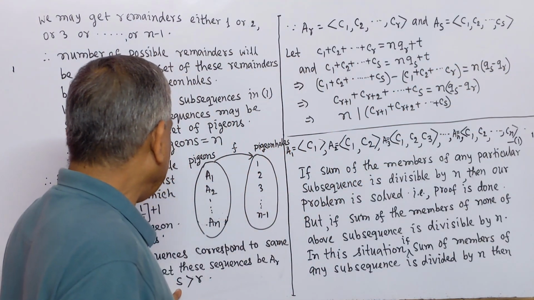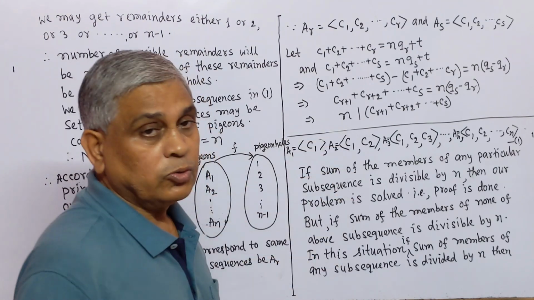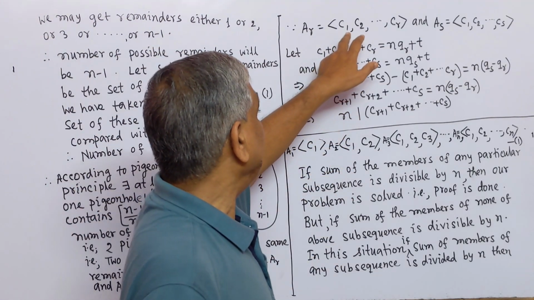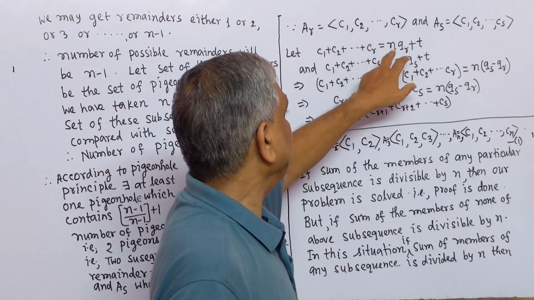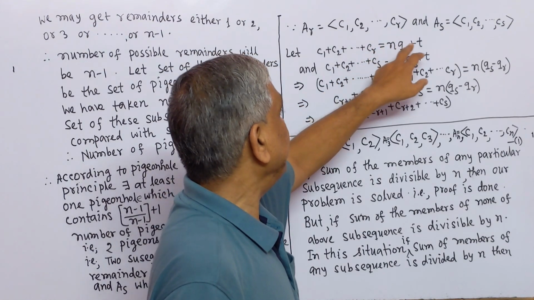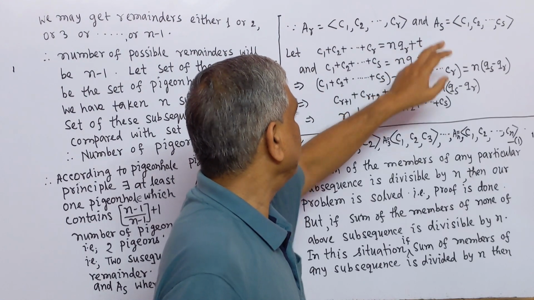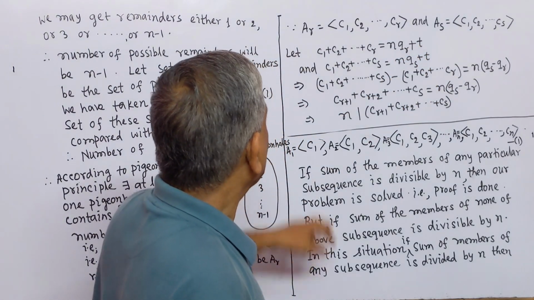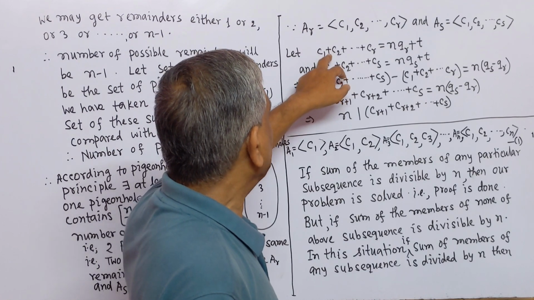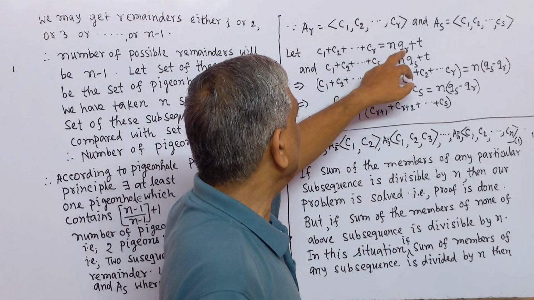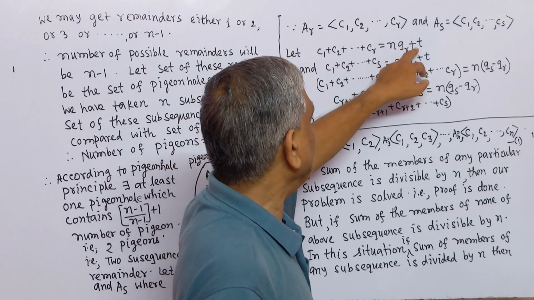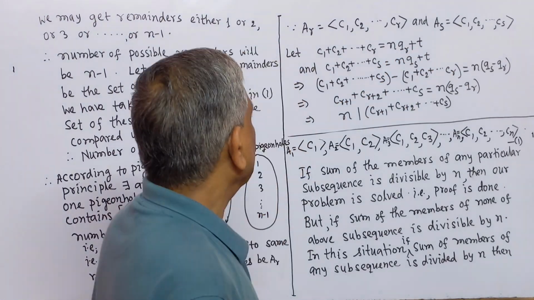Here we have taken S greater than R. When the sum of the elements of AR is divided by n, it leaves remainder T. That is, by the division algorithm, C1 plus C2 plus ... plus CR equals n QR plus T, where QR is the quotient and T the remainder.